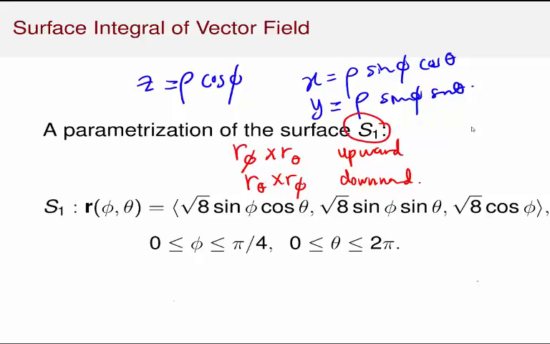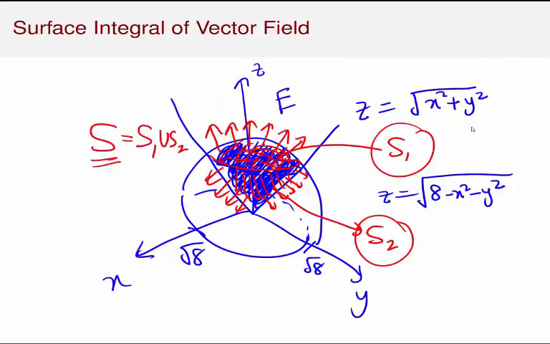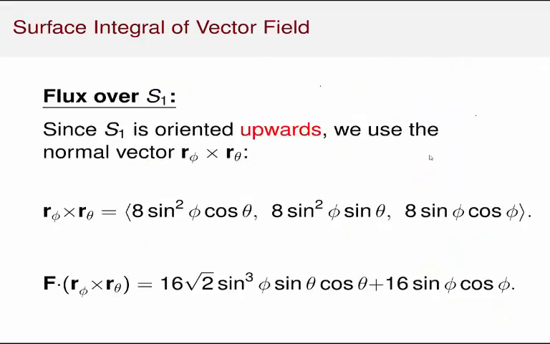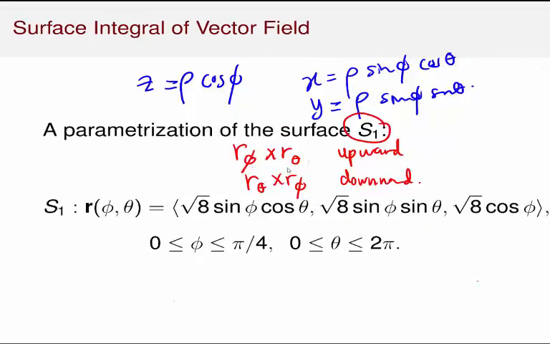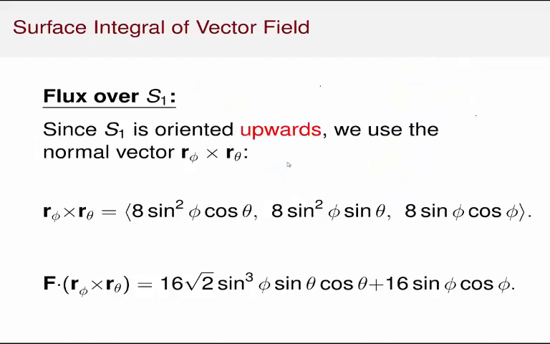This is because the surface S in the question has positive orientation, and the positive orientation induces upward pointing normal to the surface S1. Hence, we are going to use the vector r phi cross r theta as our normal when calculating the surface integral.